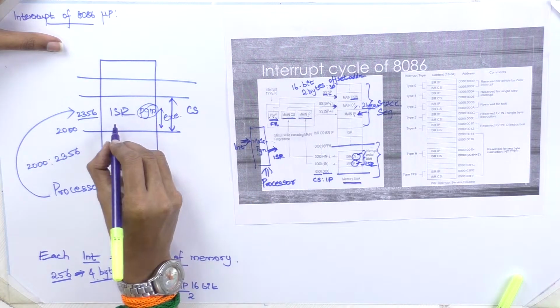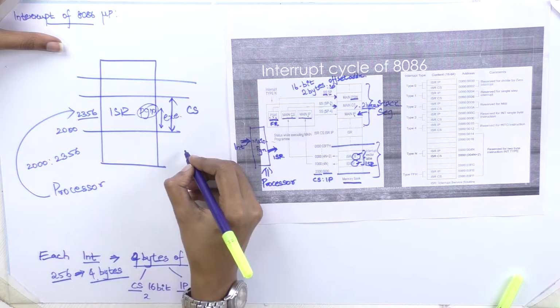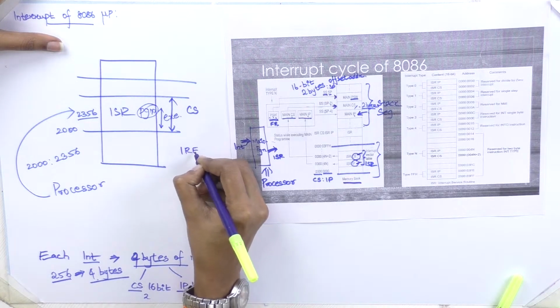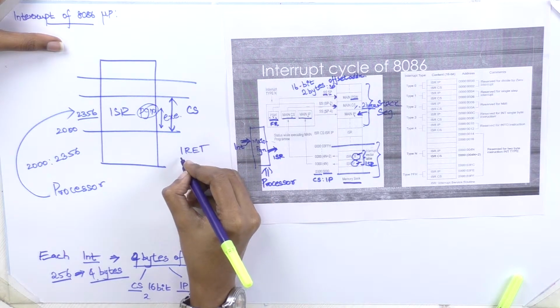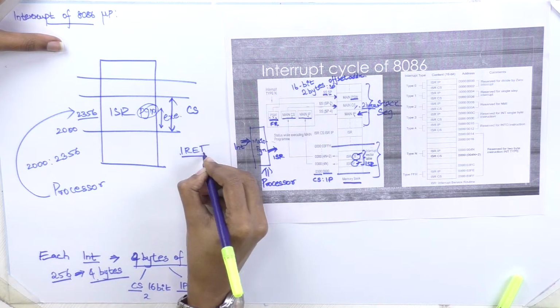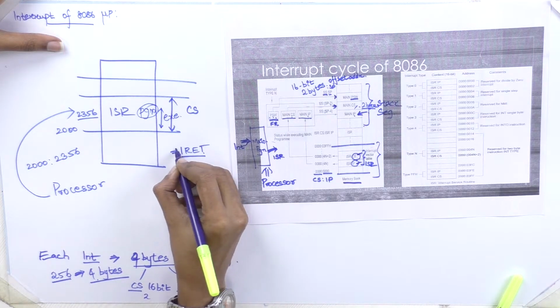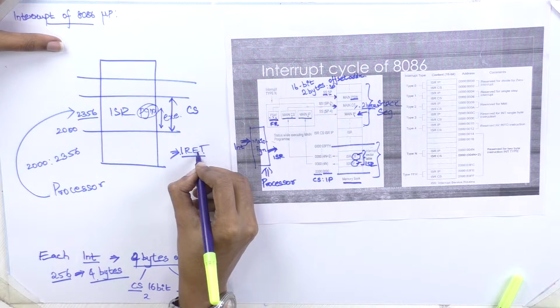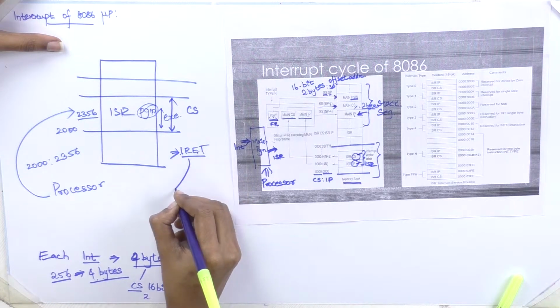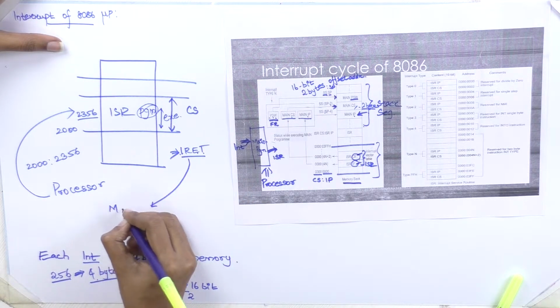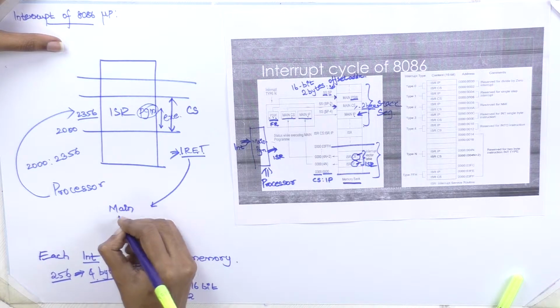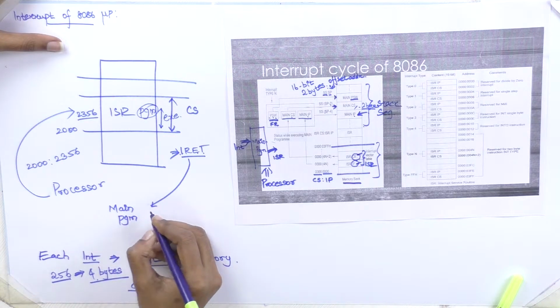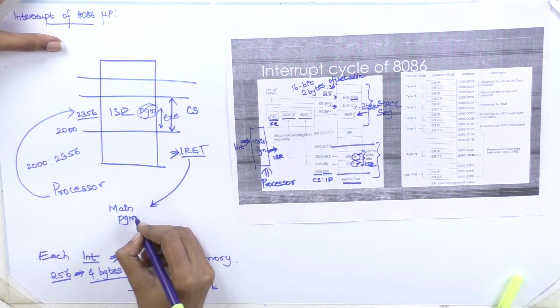Fine. So this program will be executed until it finds the return instruction, which is nothing but interrupt return. Once the processor sees this interrupt return instruction, it will again return to the main program where its execution had been stopped. So how does it return to the main program?